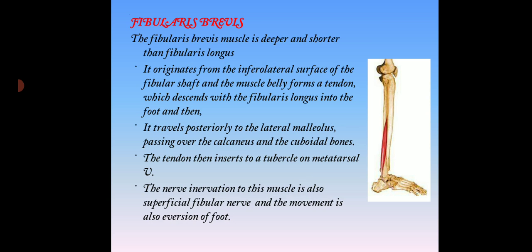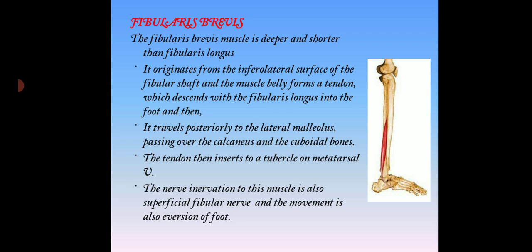The second muscle is the fibularis brevis. The fibularis brevis muscle is deeper and shorter than the fibularis longus. It originates from the inferolateral surface of the fibular shaft, and the muscle belly forms a tendon which descends with the fibularis longus into the foot, and then it travels posteriorly to the lateral malleolus, passing over the calcaneus and cuboid bones.